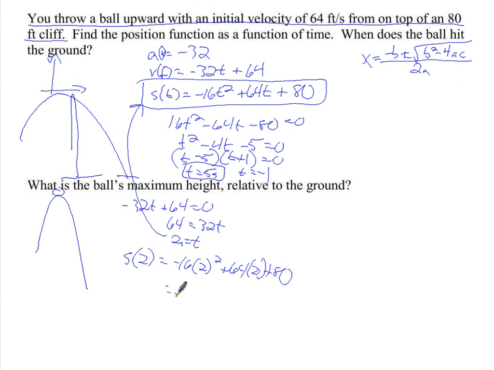And then you enter all that into your calculator. 144 feet. So we have it hits the ground at time equals 5 seconds. We have it reaches its maximum height of 144 feet at 2 seconds.